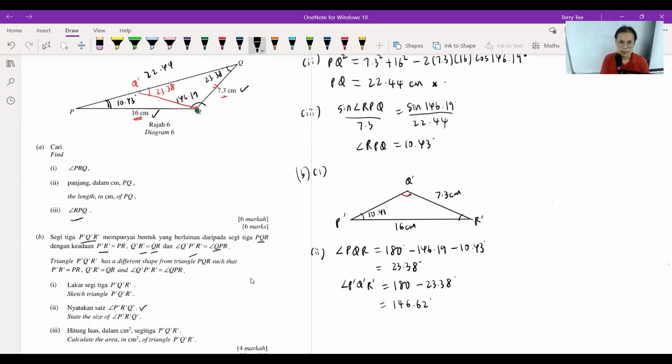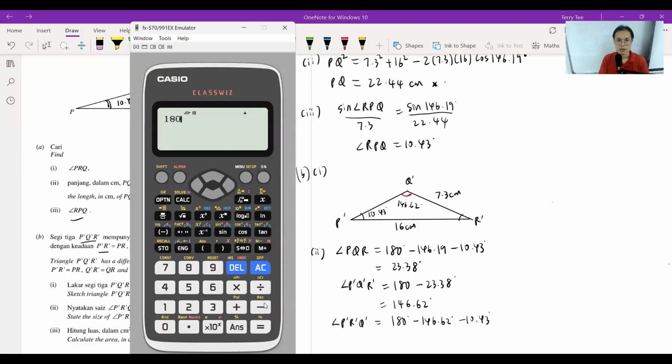Yeah, 146.62. Okay, I'm not done yet. I need to state the size of angle P'R'Q'. But in order to find it, I know this is 146.62. I must use 180 minus 146.62 minus 10.43. Let's count.